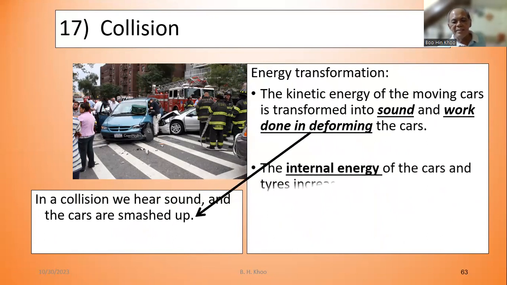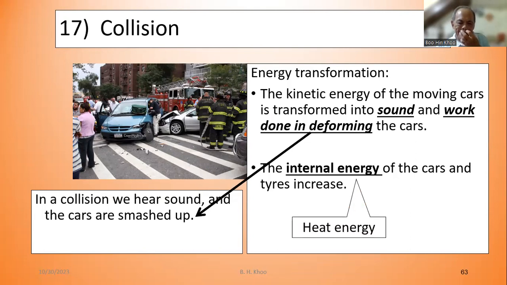So that's work done there. Internal energy of the cars and tires increases, right? If you touch where the deformed parts of the car are, you find it warm because there's work done. That is what you call internal energy. Right? Energy inside the material. The tire has to brake, so there's work done against friction. Right? Energy or heat energy.